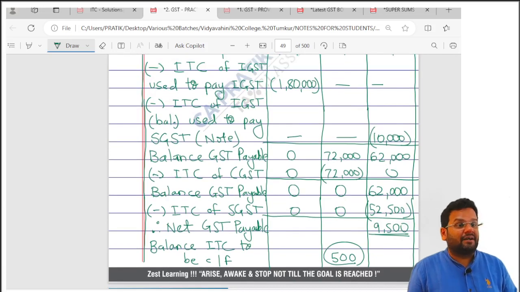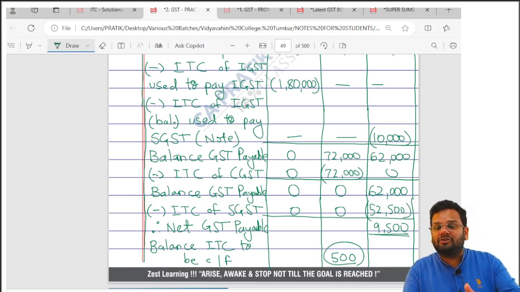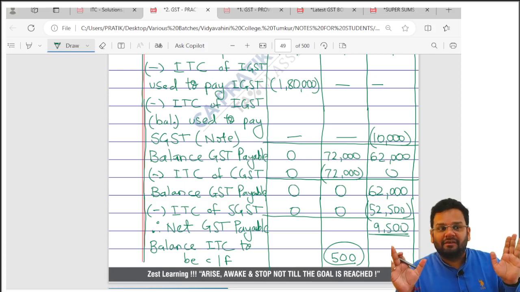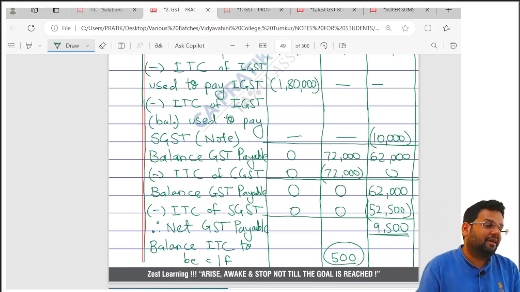Is it clear? And did you understand why it is for 8 marks? Because some of you might have used ITC of C to pay S, which is not allowed. Some of you might have used balance of ITC of IGST to pay C and S equally. That then would not have given you minimum payable in cash.